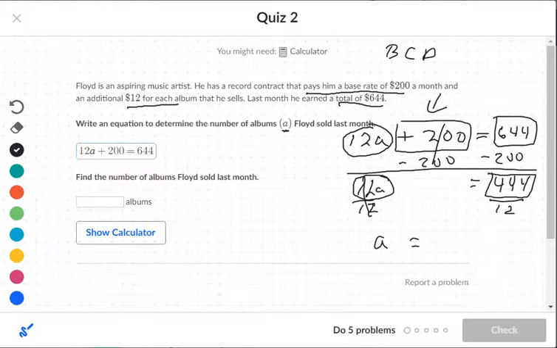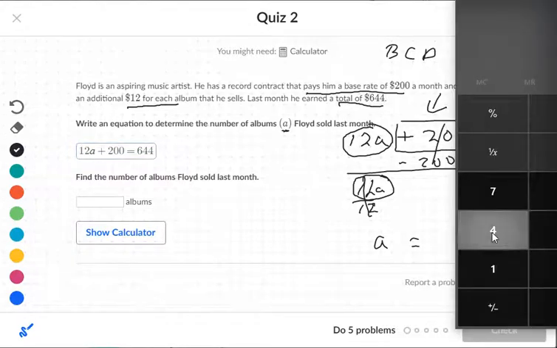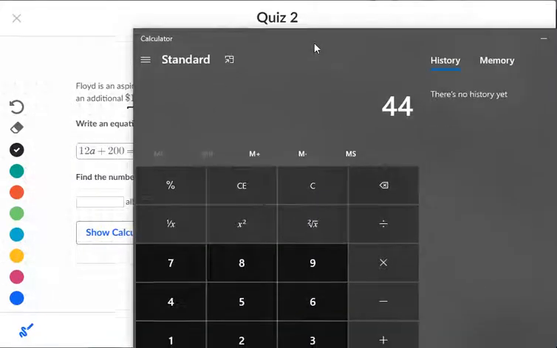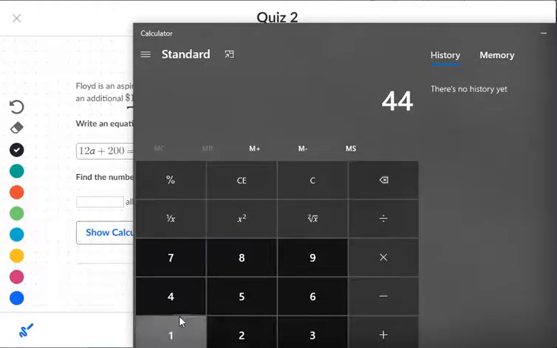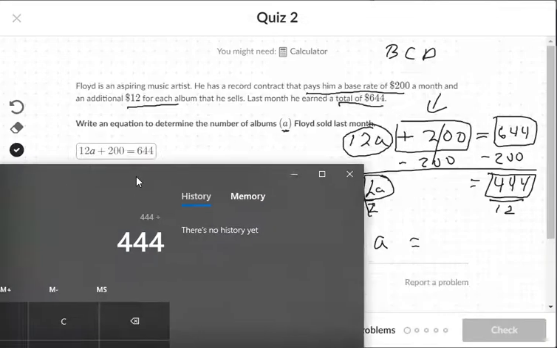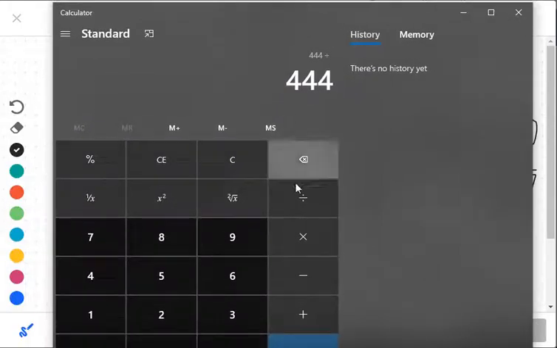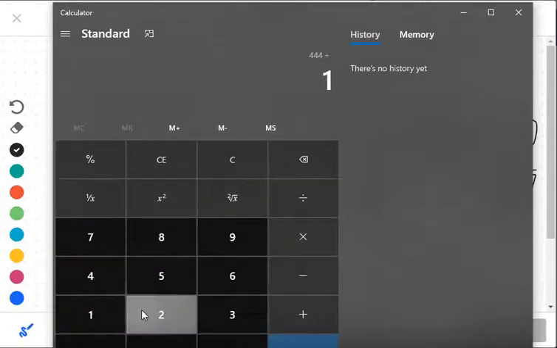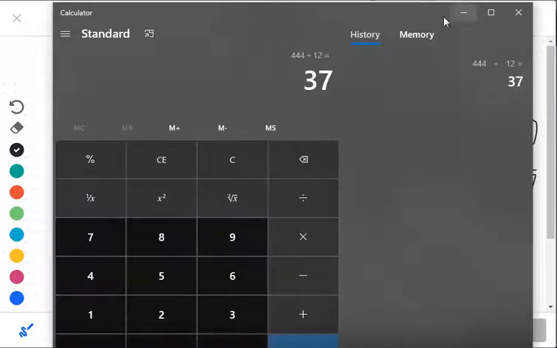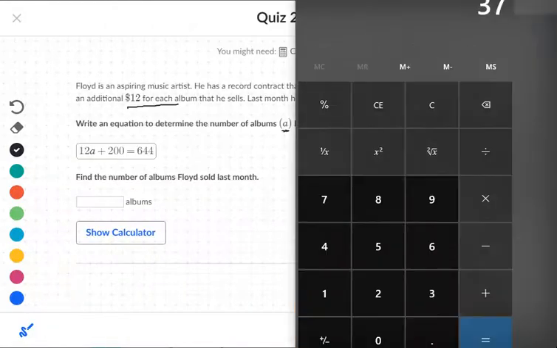So we're going to take 444 and divide it by 12. In doing so, we get an answer of 37.